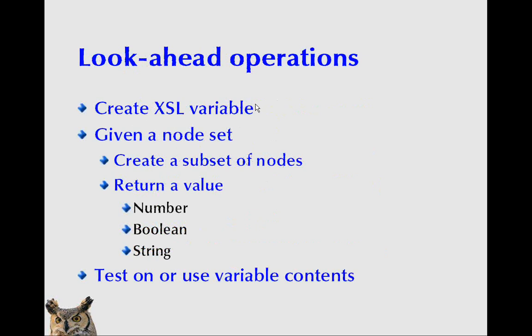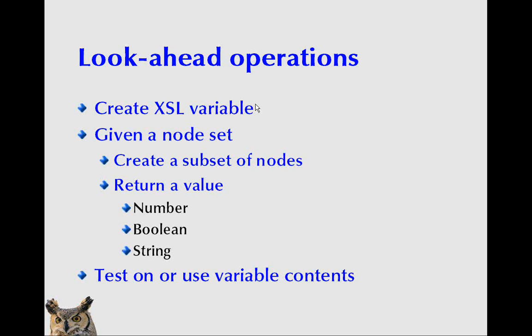Now, in a look-ahead operation in processing XML to XML, what you want to do is create an XSL variable. Given the current node set, or any given node set, you can do a couple of things.